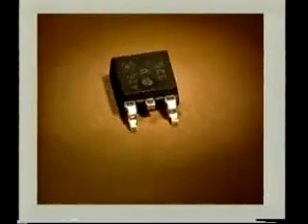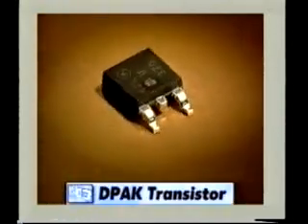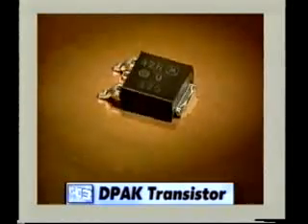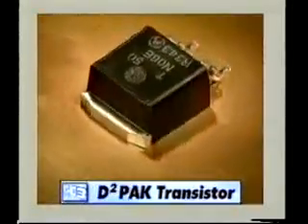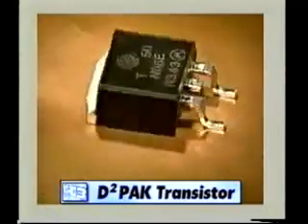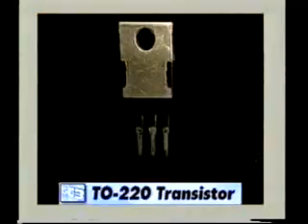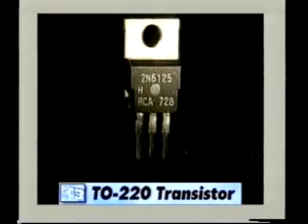Another kind of surface mount transistor is the D-pack, which are surface mount versions of larger through-hole transistors, like the TO92 or the TO220. D-packs have 3 gullwing leads. The TO220 you're looking for is a 3-lead through-hole transistor.